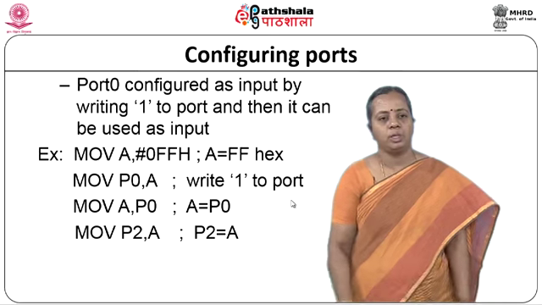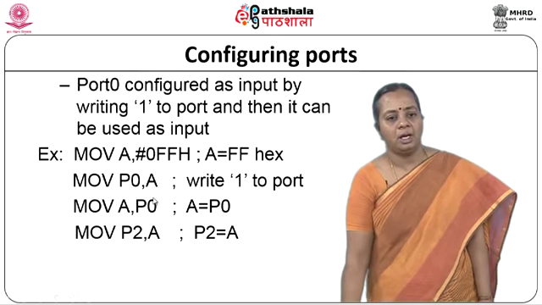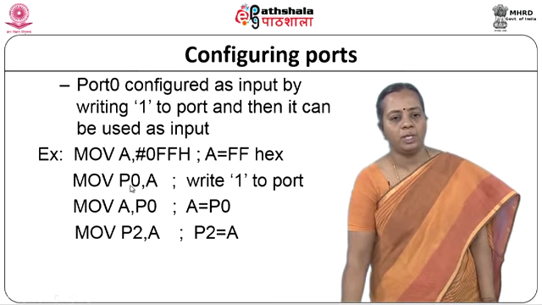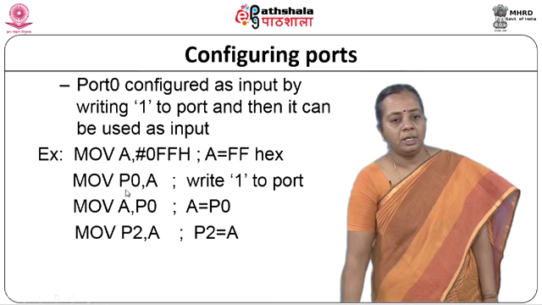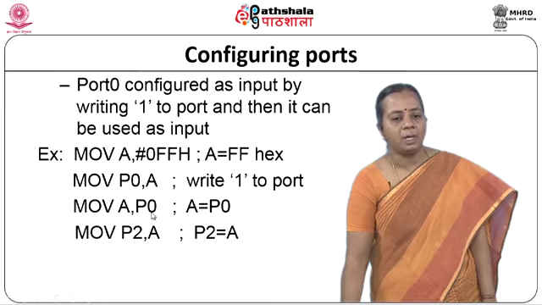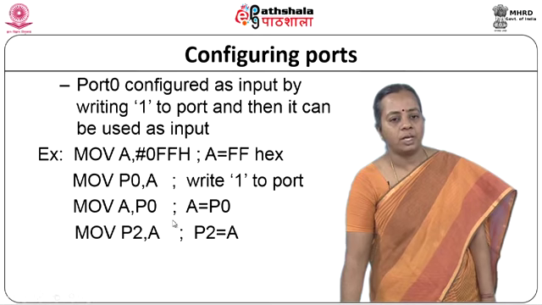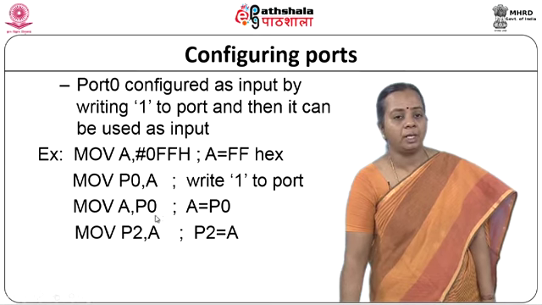But one thing has to be noted here. When I am giving FF to P0, it informs the device that P0 is an input port. But after that, P0 is receiving some other data from outside, because some input device is connected to P0.